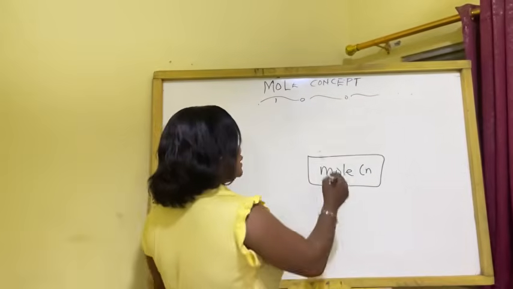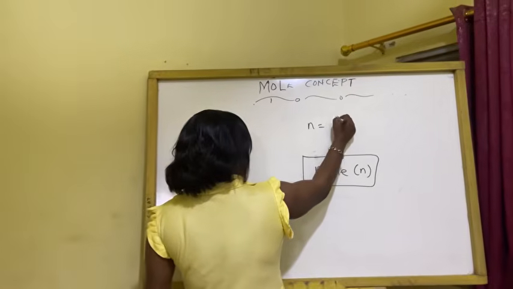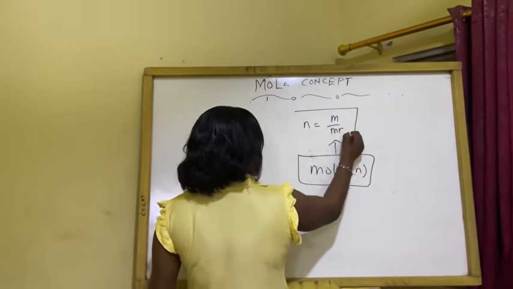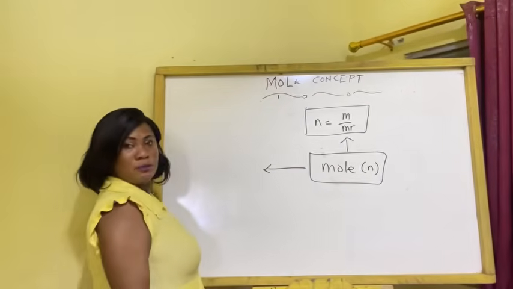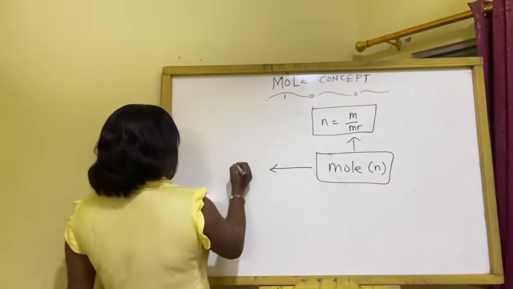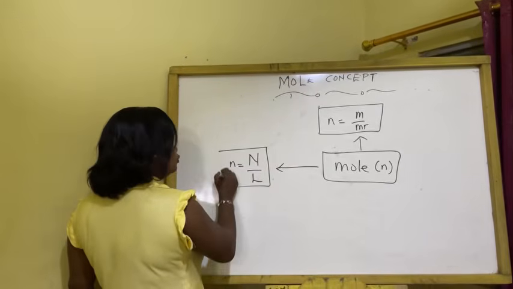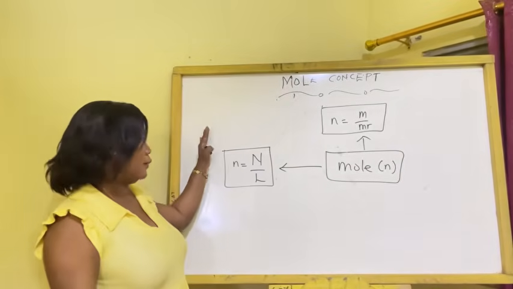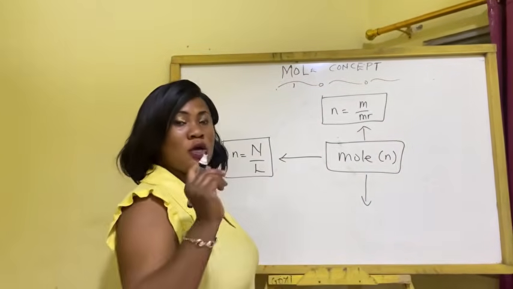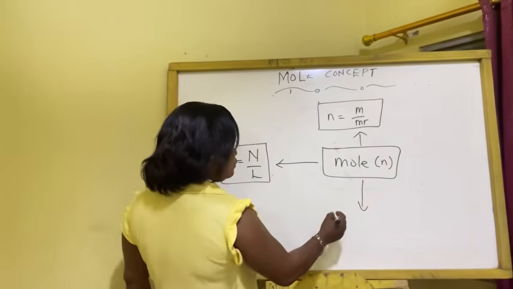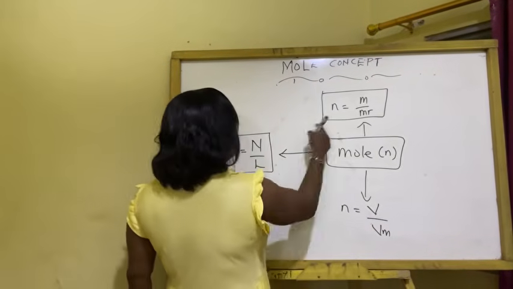In our first instance, we saw that n, the mole, is the mass over the molar mass. The same n can also be expressed as n equals N over L. That is when we are looking at the Avogadro's constant. I hope you remember, we follow. Good. Then we've also seen that when we are talking of gases, the n can also be expressed as V over Vm. Now we know all these quantities.